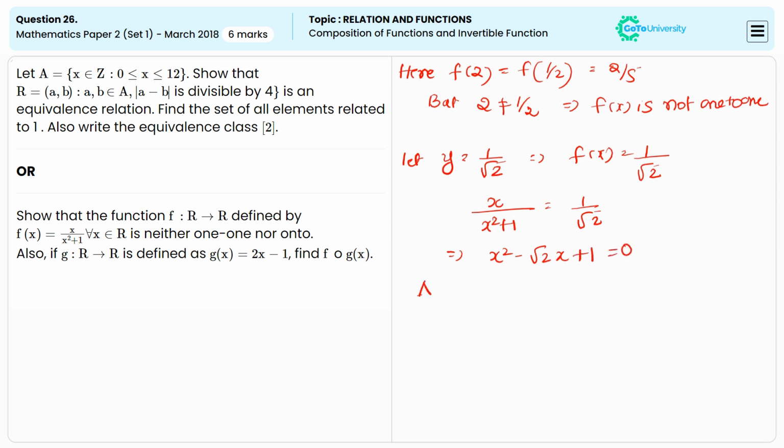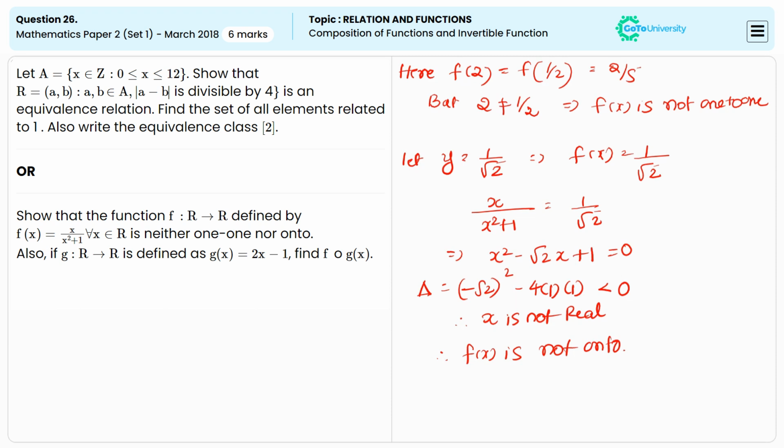And the discriminant of this quadratic equation is nothing but (minus root 2) whole square minus 4 into 1 into 1, which is less than 0. Therefore, the value of x is not real. Therefore, it says the function f of x is not onto either. So we have proved now it is not 1 to 1, not onto.